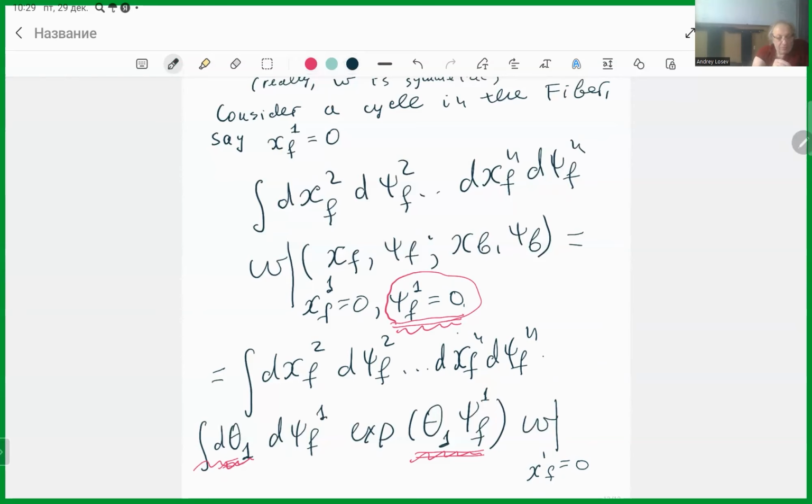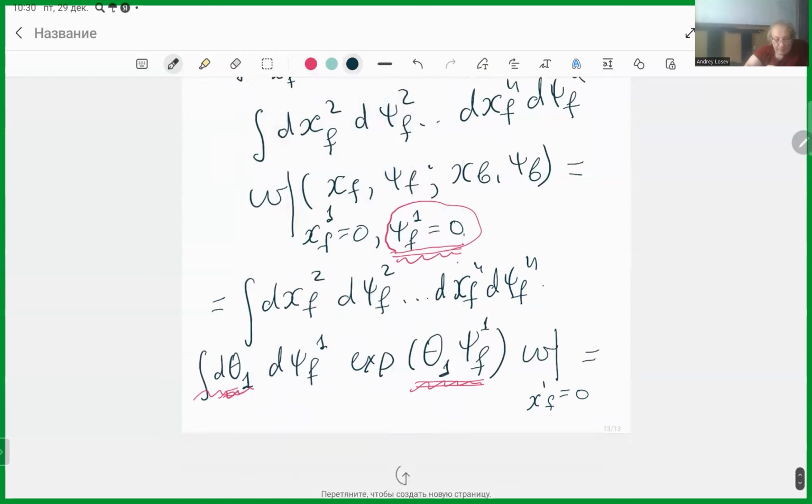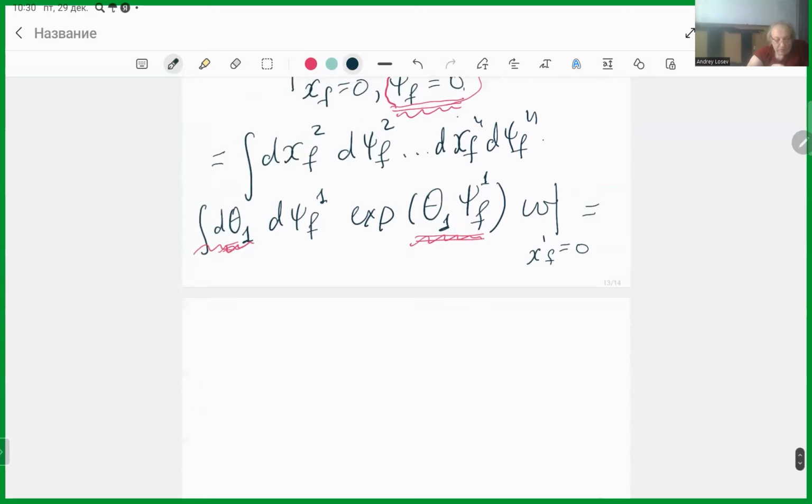So now I understand that I am making the integral over d theta 1 later. dx fiber n, but I have the Fourier transformation.